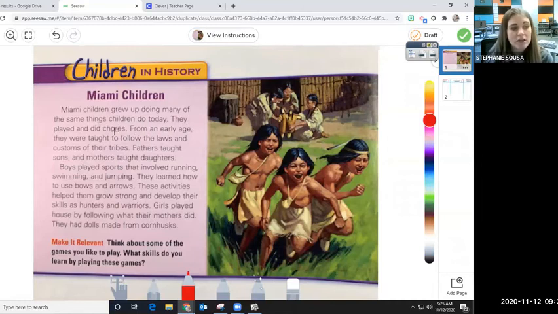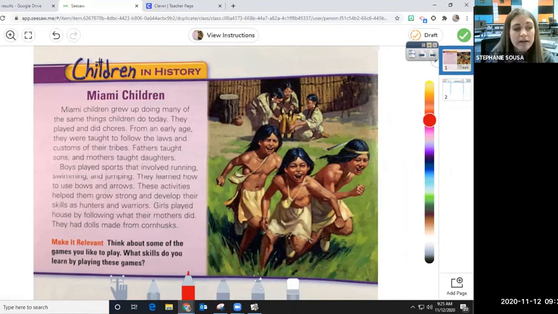From an early age, they were taught to follow the laws and customs of their tribes. Fathers taught sons and mothers taught daughters. Boys played sports that involved running, swimming, and jumping. They learned how to use bows and arrows. These activities helped them grow strong and develop their skills as hunters and warriors. Girls played house by following what their mothers did. They had dolls made from corn husks.